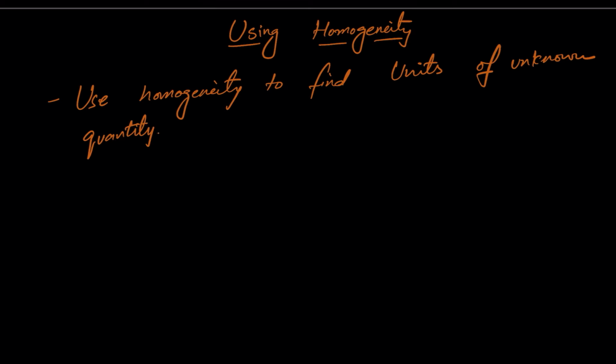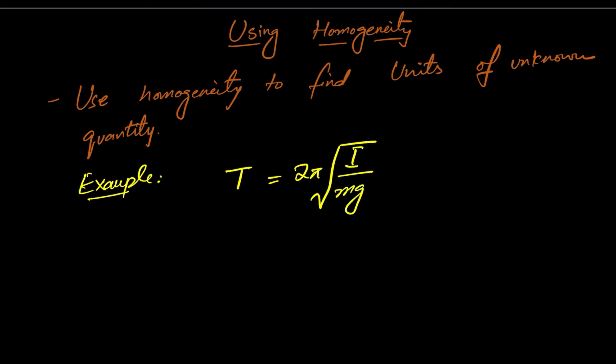Okay, let's discuss with an example. Let's suppose we have some relation that T is equal to 2 pi square root of I over mgh. Okay, let's define what they are.